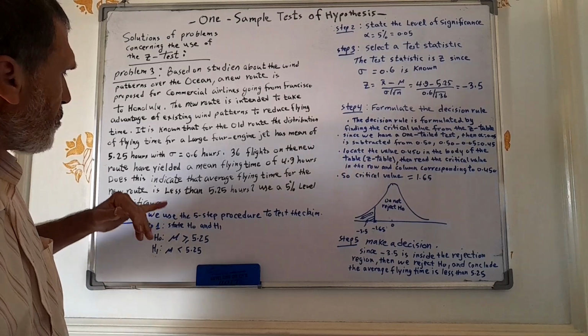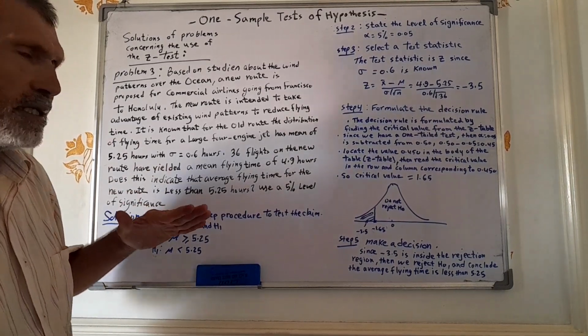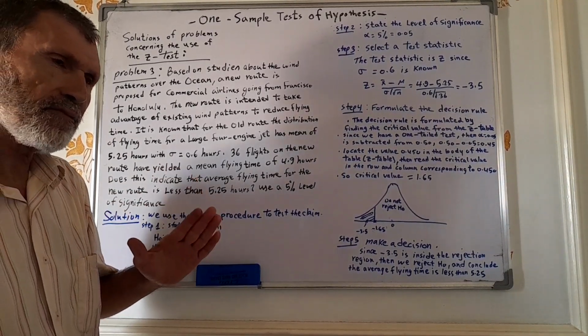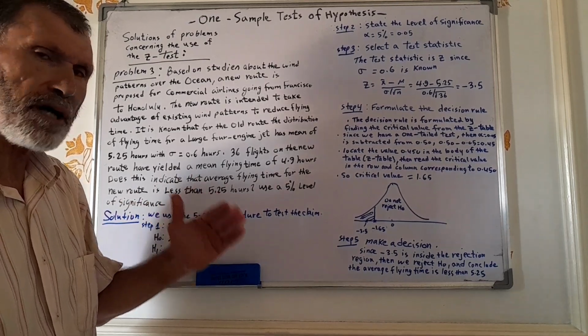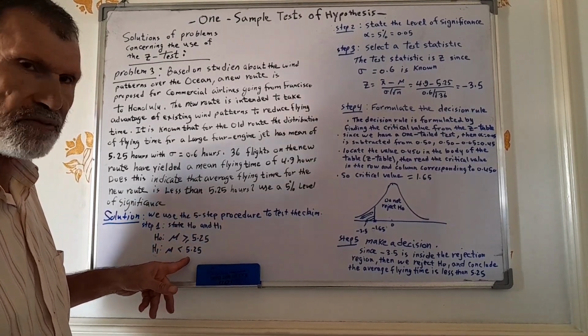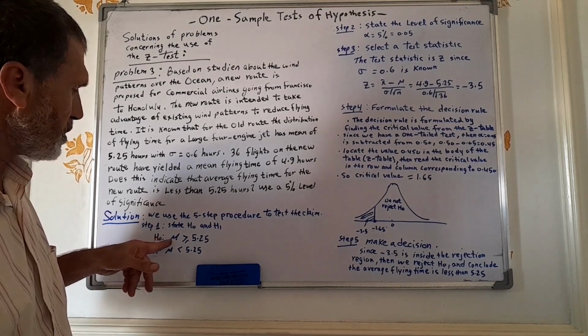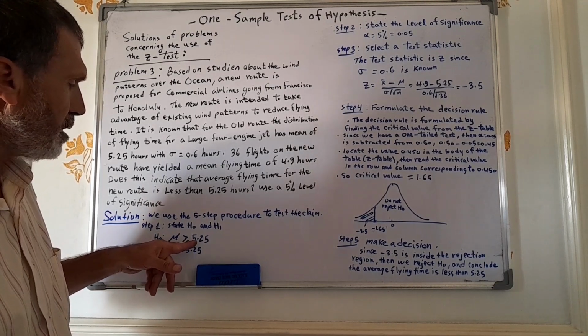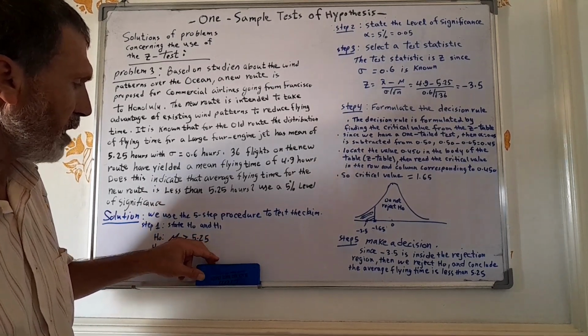Our claim, the alternative, is that the mean time is less than 5.25. So the null hypothesis is that the mean time is greater than or equal to 5.25.